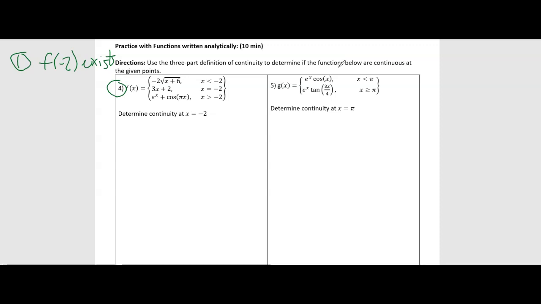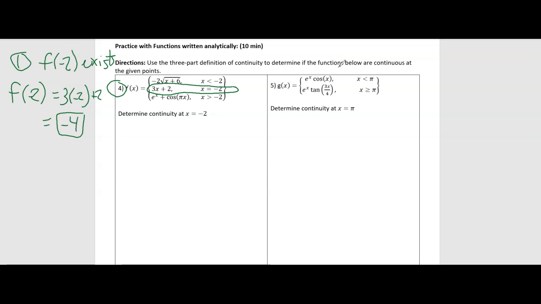I'm going to use the middle portion, right, because that is the function I'm supposed to use when x is equal to -2. So f of -2 is equal to 3 times -2 plus 2, which gives us -4. So that's the value of my function at -2. Part 1 checks out. The function is defined at -2.